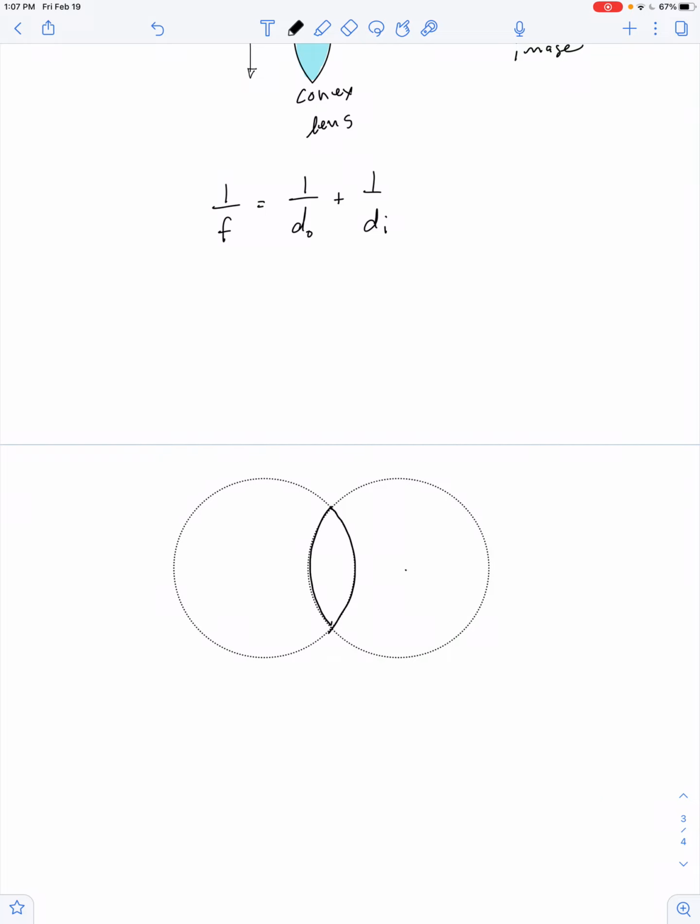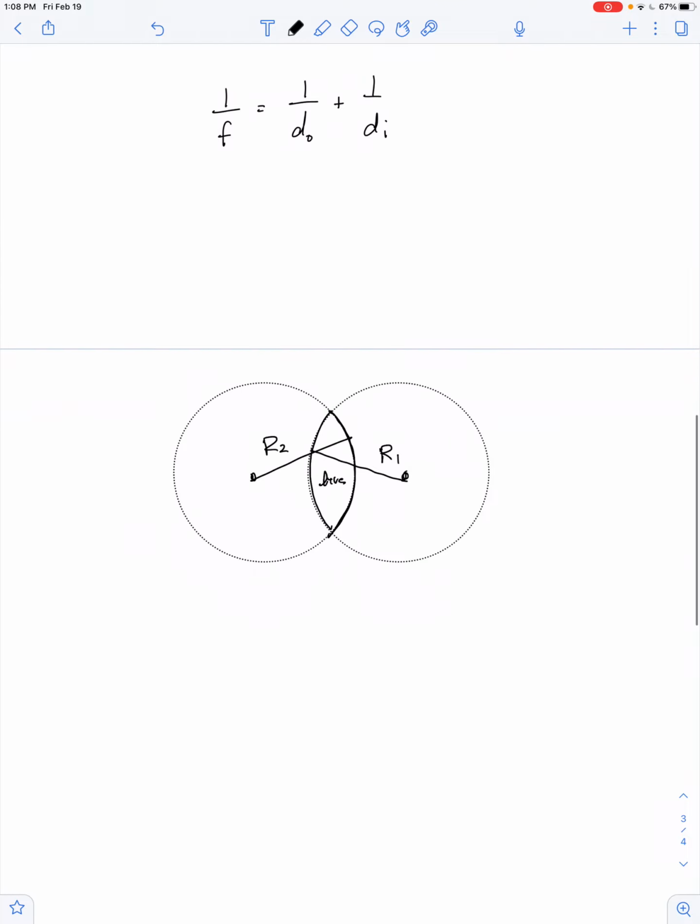So the front surface has a radius of curvature of R1, and the back surface of the lens has a radius of curvature of R2. The focal length of that lens is equal to the ratio of the index of refraction of the lens material divided by the index of refraction of whatever surrounds it.